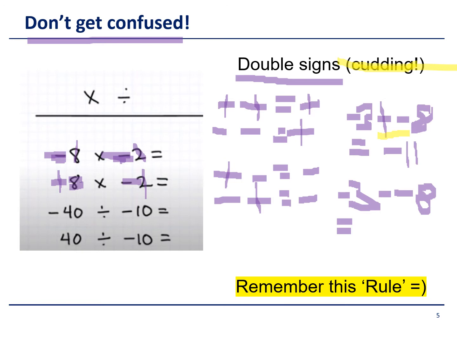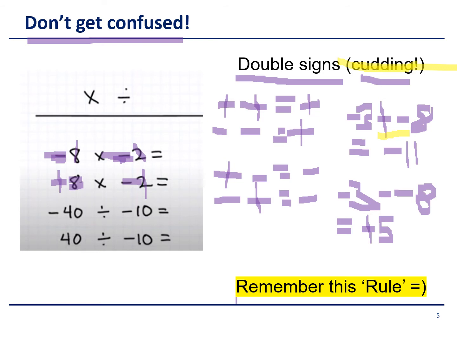We know that the negative symbol and the negative symbol are next to each other. They're cuddling. So that must mean that the answer is going to be positive. So we need to do minus 3 plus 8. So let's get to 0. Well, we put 3 on, and then we've got 5 left. That means the answer is going to be 5, which would be positive 5.